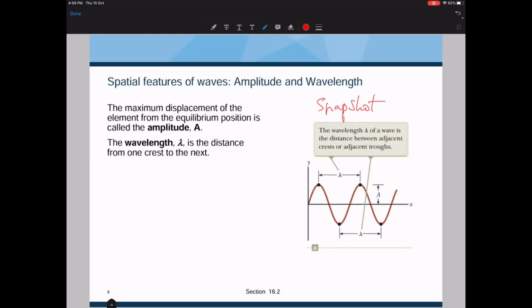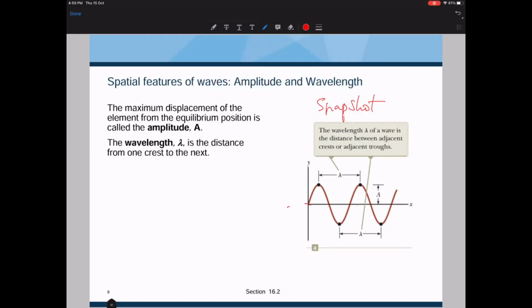It freezes everything in time. So this is just a picture. And here we have the particles that are frozen in time. So at a particular instant, you have the particles being disturbed from their original position.